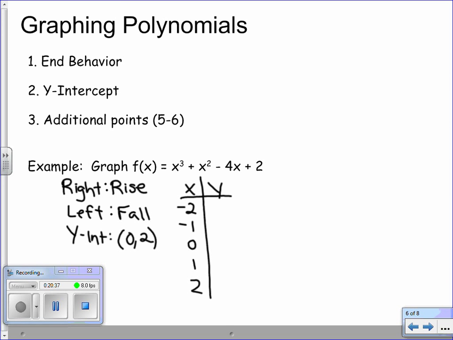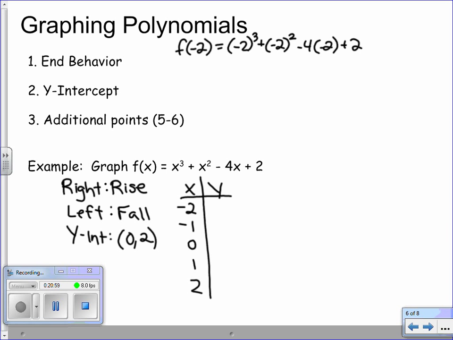So I'm going to do f of -2 right up here. And that means I'm just going to plug -2 in everywhere I see x in the function. So I'll have -2 cubed plus -2 squared minus 4 times -2 plus 2.